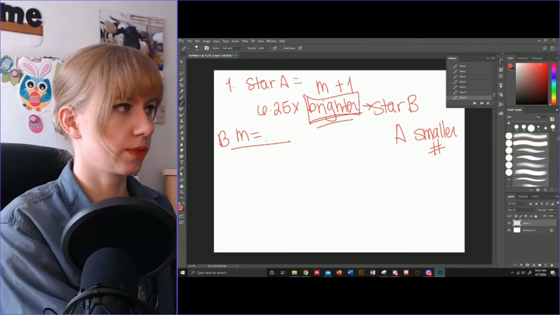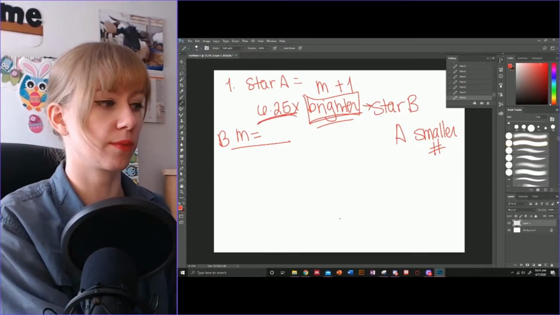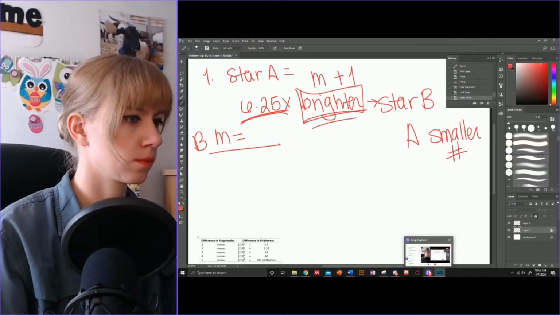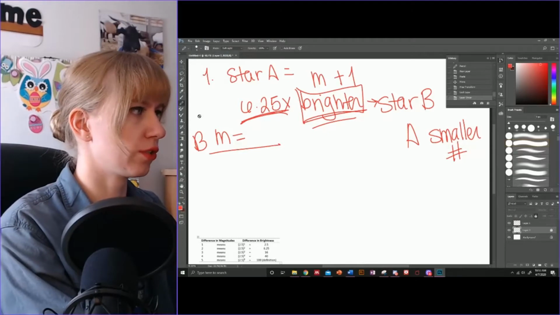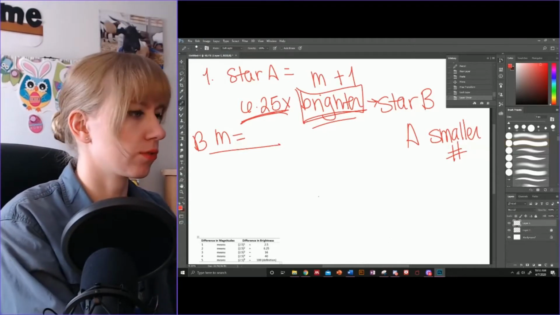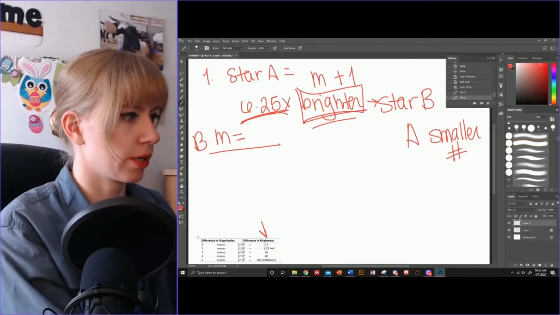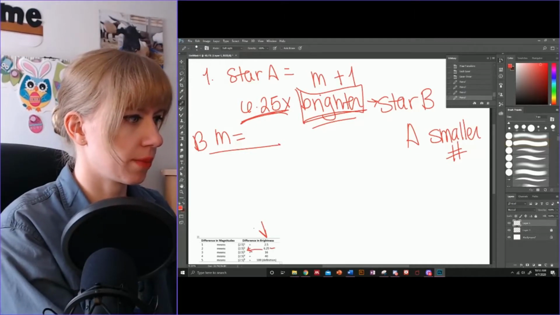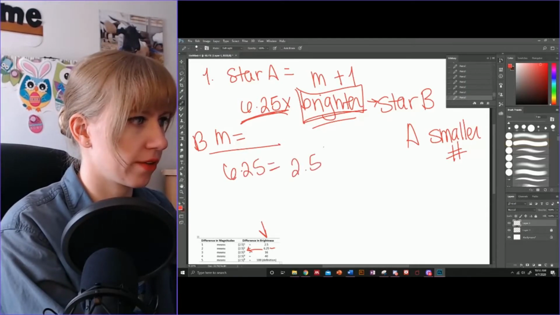So the second thing we need to look at is how many times brighter it is. It is 6.25 times brighter. Alright, so we know that it is 6.25 times brighter. So if we go over here to difference in brightness, we can find 6.25 and we go to the left and we see that means 6.25 is equal to 2.5 to the second power.